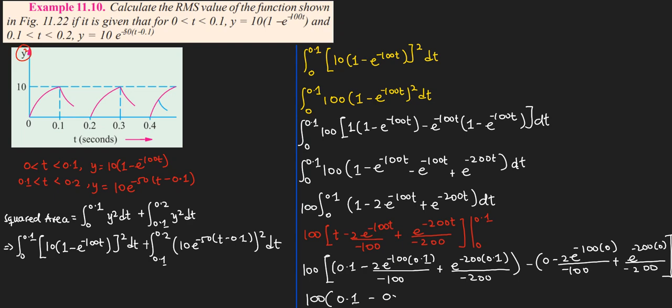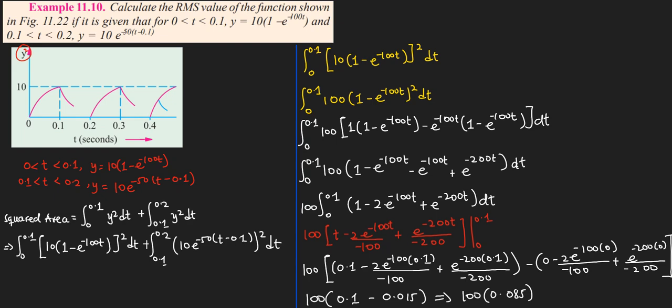Let me rewrite this again. 0.015. So this will give us 100 multiplying 0.1 minus 0.015, then we are going to get 0.1 minus 0.015 to be 0.085.